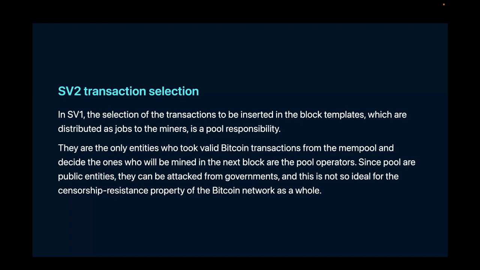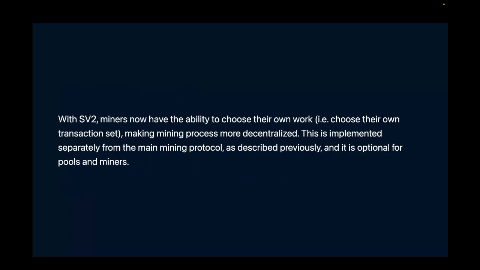And since pools are single entities, they can be attacked by governments. So this is not ideal for the censorship resistance property of the Bitcoin network as a whole. So in summary, this is a flaw in Stratum V1.